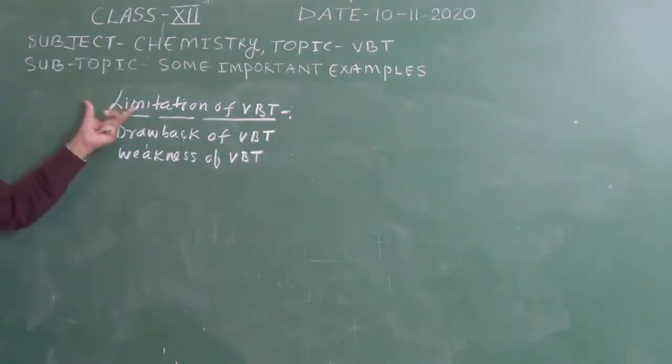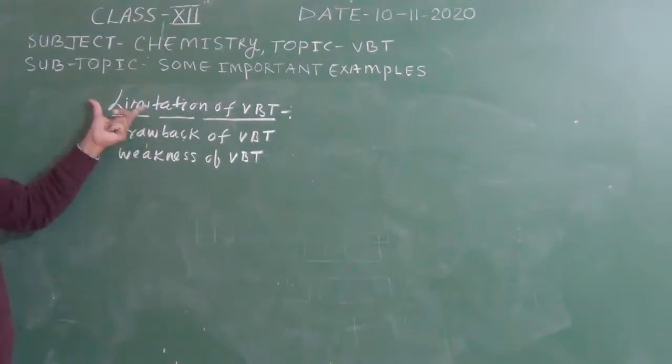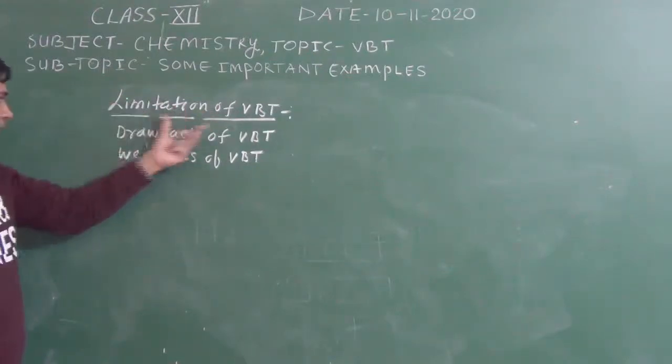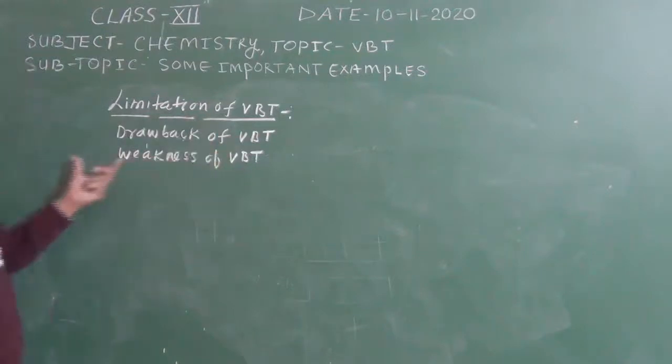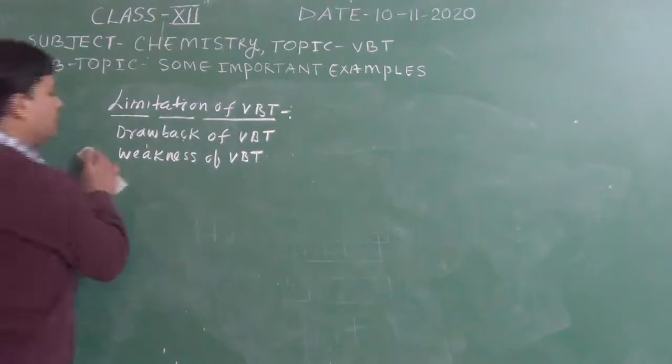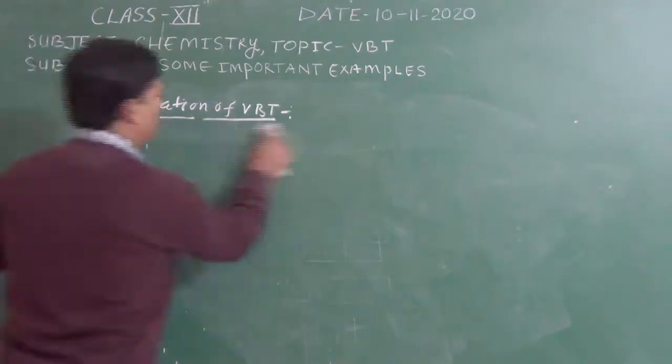Limitation is also known as drawback, and also known as weakness. In examinations, questions are related to these types of statements.